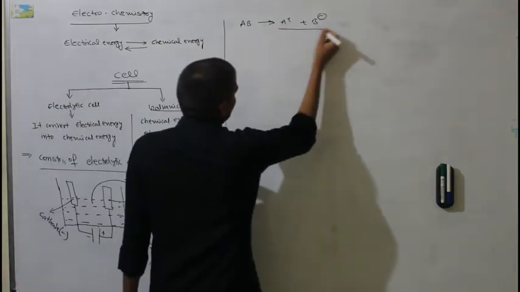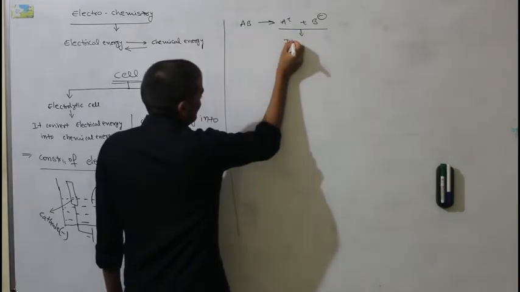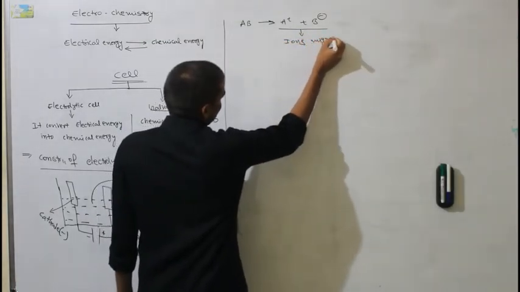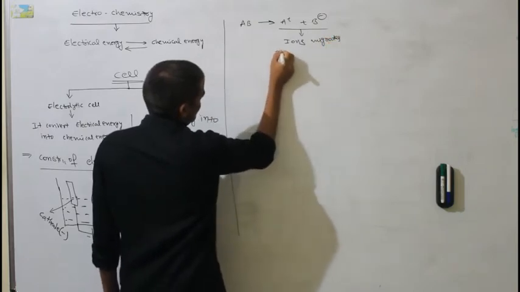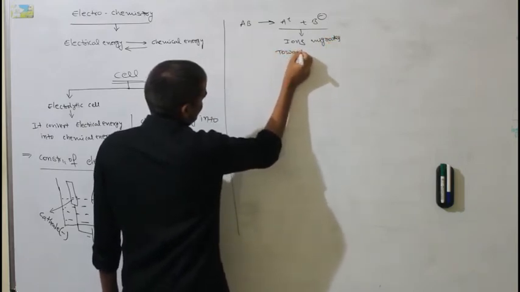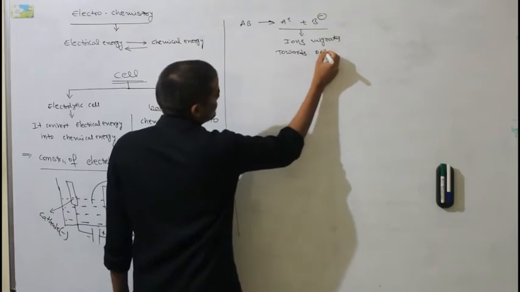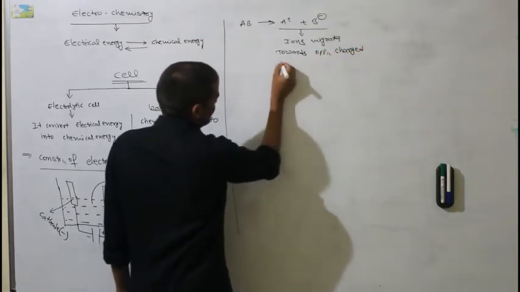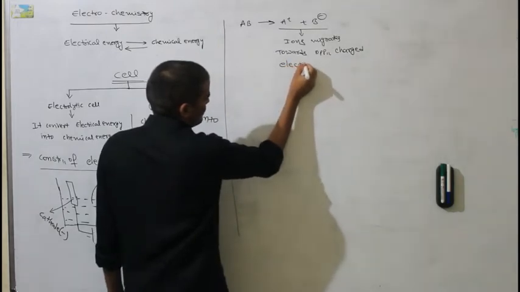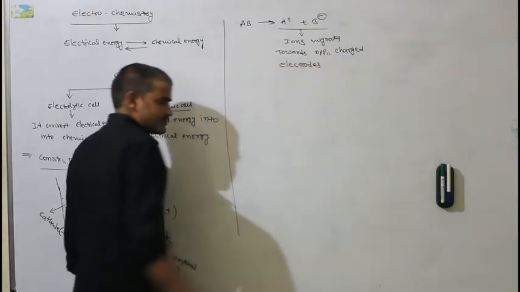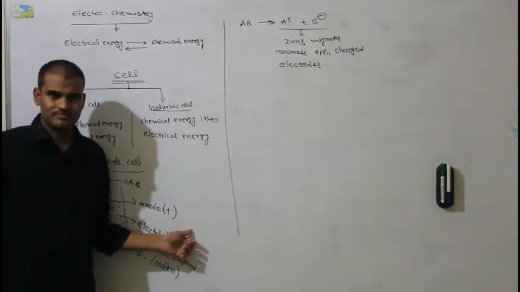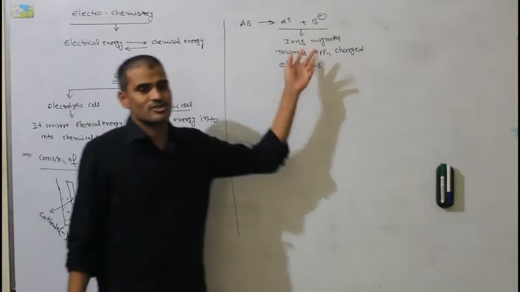Once ions are formed, these ions migrate towards oppositely charged electrodes. The cathode charge is negative, the anode charge is positive. Ions migrate towards the opposite charge.